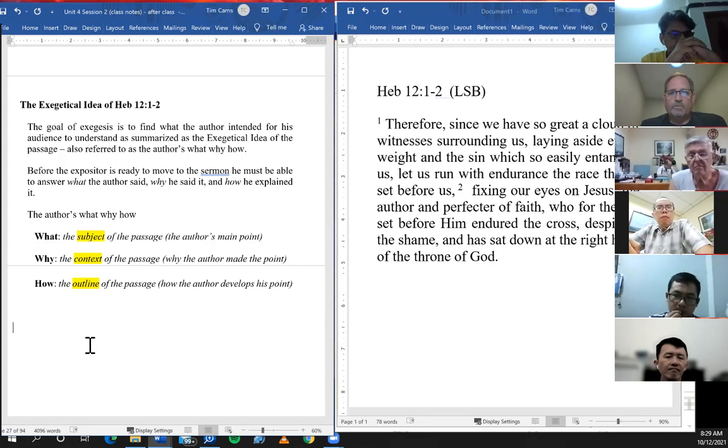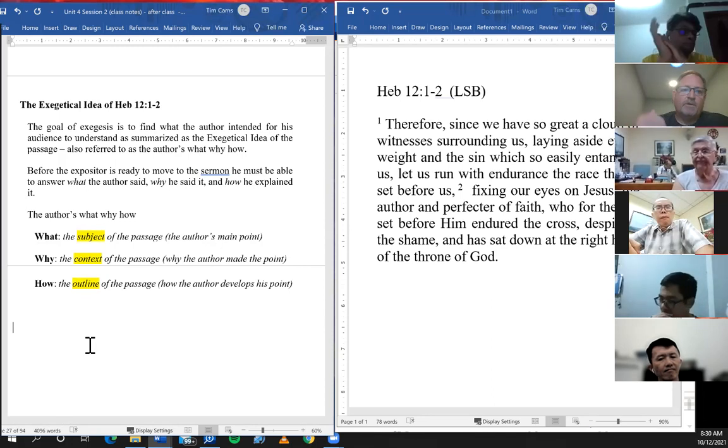And it really is a key statement made by the author and what he's been moving the whole book towards. So we have to understand what the purpose of the book of Hebrews is, and that'll help us understand why the author said what he said here.